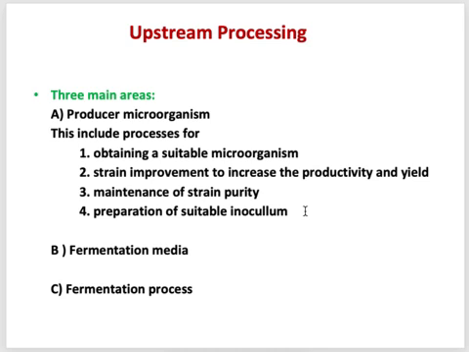Then we try to find out which conditions are the most optimum for that particular strain, where it will give the maximum product. Sometimes we can also use genetic methods to improve our strain.